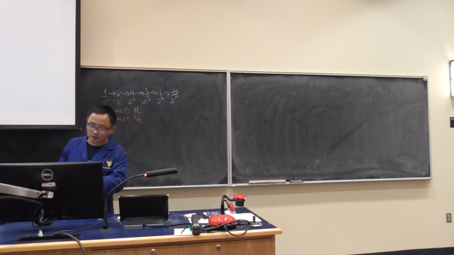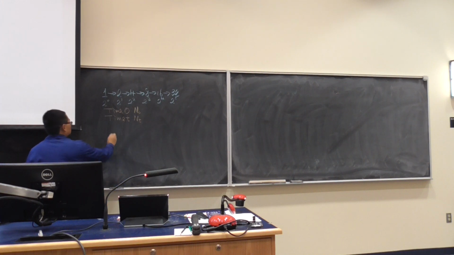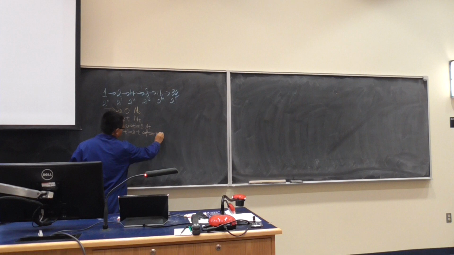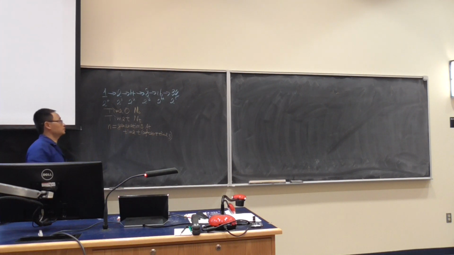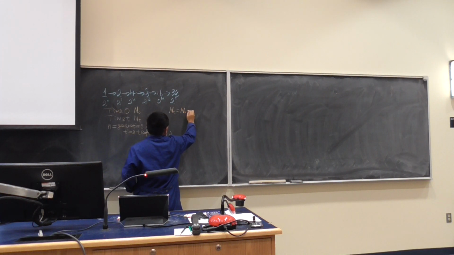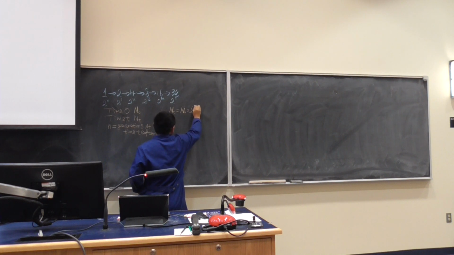And we want to talk about how many generations n there are at time t. So what's the formula for that? Nt equals N0 multiplied by 2 to the n.